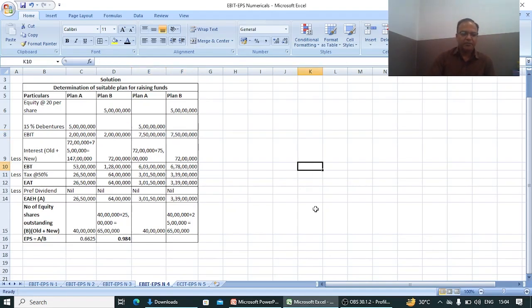Now let's check it. 301,500 divided by 40 lakh is 7.53. Three three nine here gives 5.21.